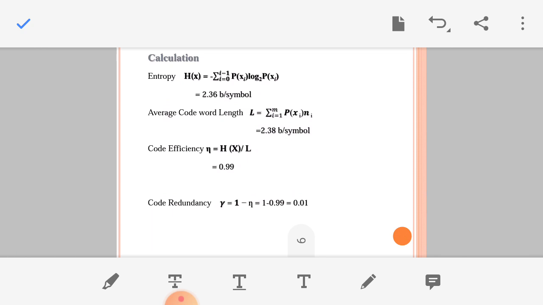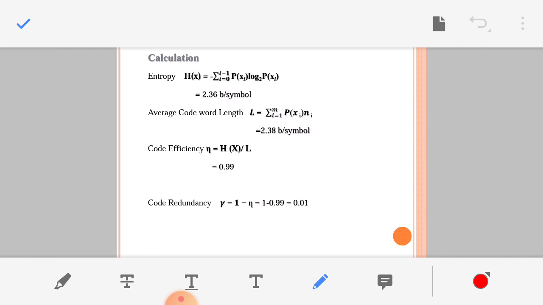Calculation: entropy H(X) equal to minus summation of i equal to 0 to m minus 1 of p(xi) times log to the base 2 of p(xi). We substitute the values here, and we get 2.36 bits per symbol.